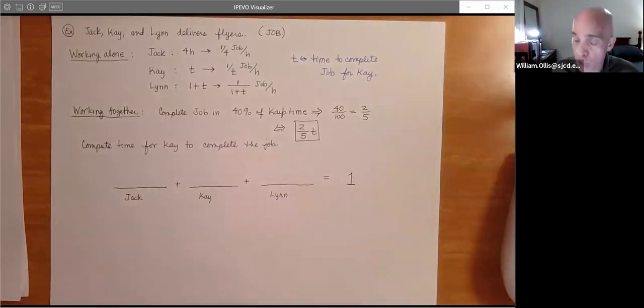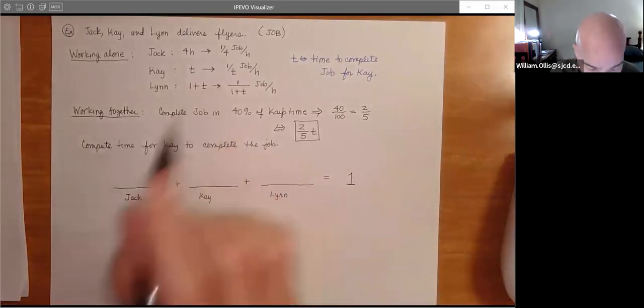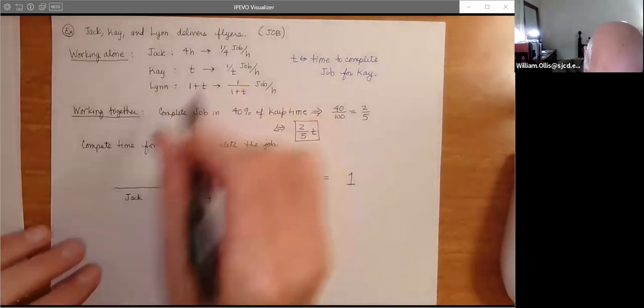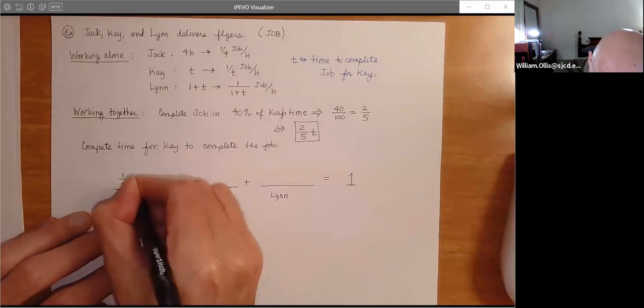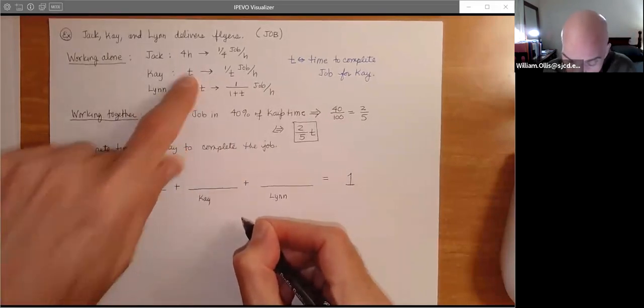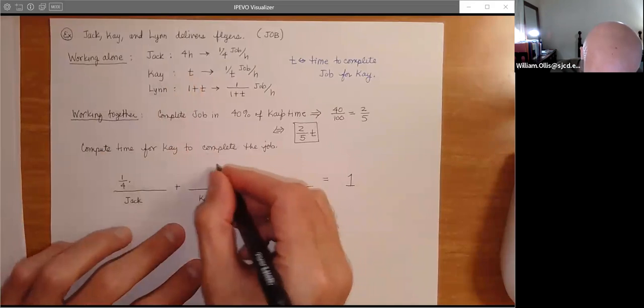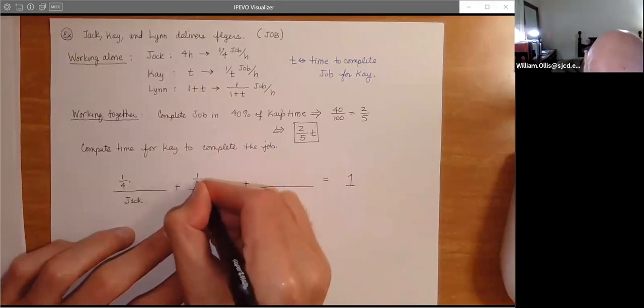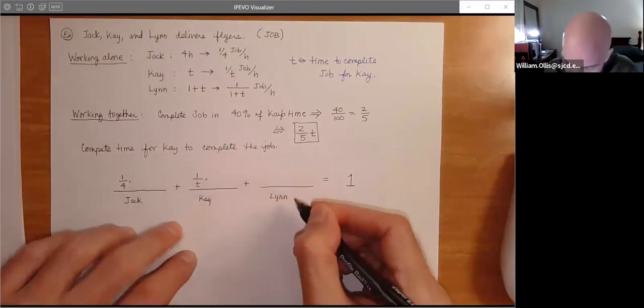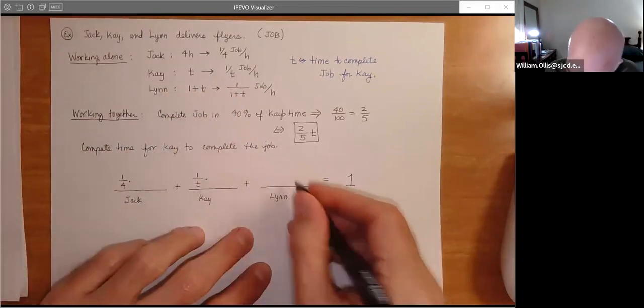So the 1 is always over here. So we go up here for fraction of work. For Jack, we have 1/4. For K, we have 1 over T. And then for Lynn, we have 1 over 1 plus T.